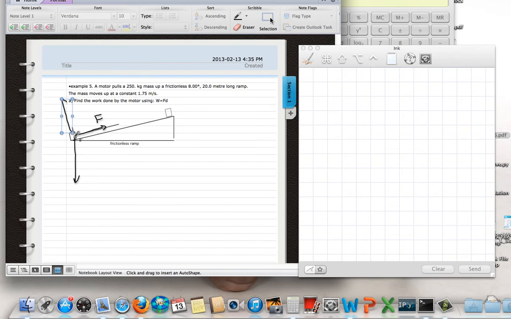As we've done many times before, we're going to resolve gravity into components. One component perpendicular to the ramp, one component parallel to the ramp. And we know that this angle here has got to be the same as the ramp angle, which is 8 degrees. So this slide component here, the one down the ramp, is going to be mg sine of 8 degrees. Because the mass is moving at a constant speed, there must be balanced forces.